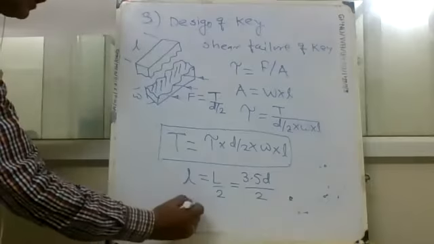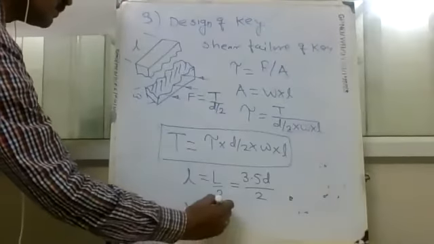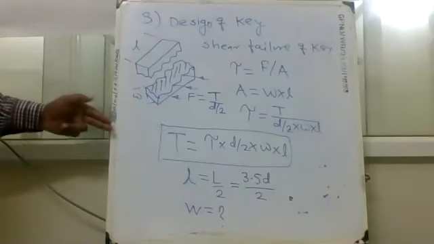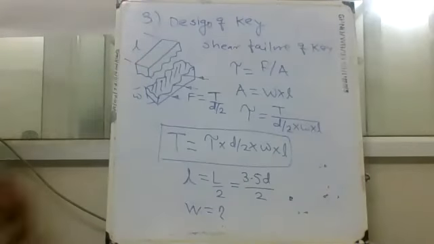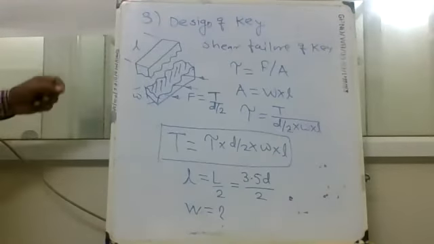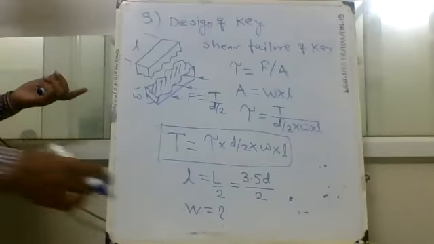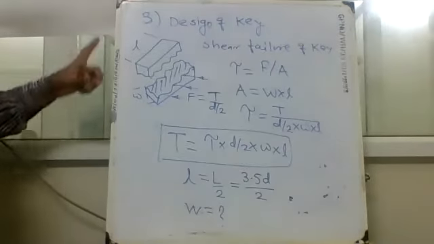Only unknown is W. That W we can find from this. So this is the design of key under shear failure. When there is a shear failure, that shear failure of the key that we can consider like this. The second failure is the design of key under crushing. So that is the second step in this design of key.